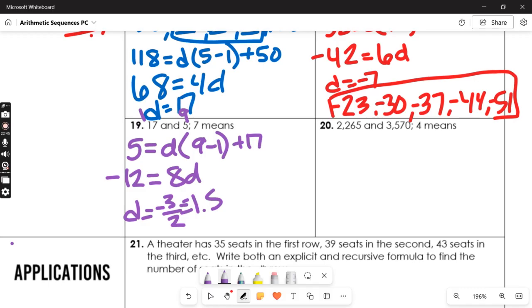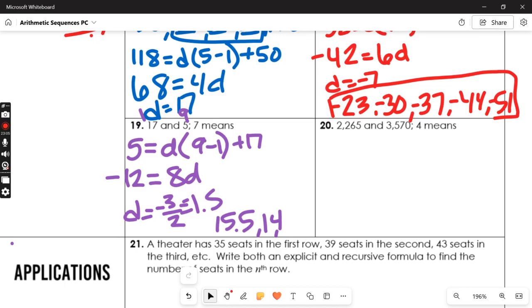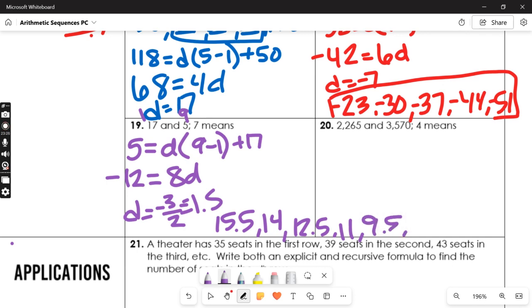So I have 17 minus 1.5, which would be 15.5, minus 1.5, which would be 14, minus 1.5, which is 12.5, minus 1.5 again, which is 11, minus 1.5, which is 9.5, minus 1.5, which is 8, and then minus 1.5, which is 6.5.